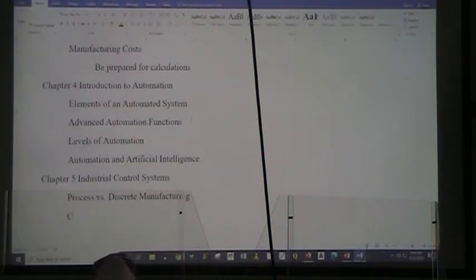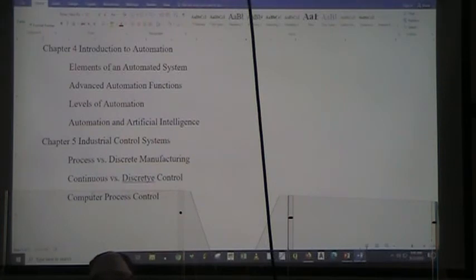So that leads us to the idea of continuous versus discrete control and computer process control. Okay, usually we don't spell discrete with a Y. All right, there we go.